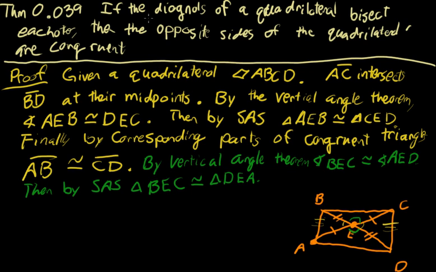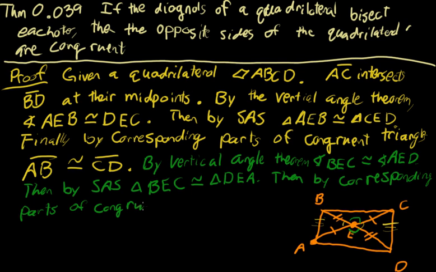What we're trying to prove again is that the opposite sides of the quadrilateral are congruent. Okay, so we're almost done. Then, by corresponding parts of congruent triangles, we'll say BC is congruent to DA.